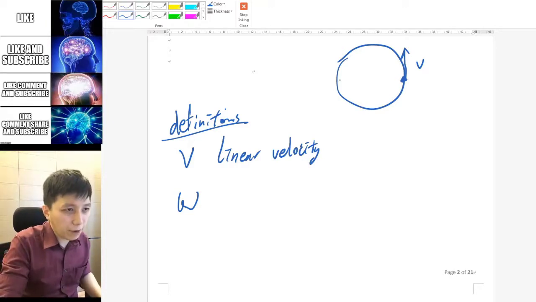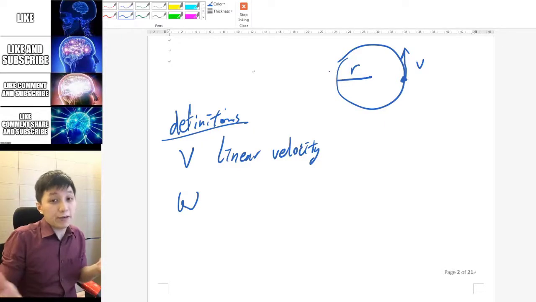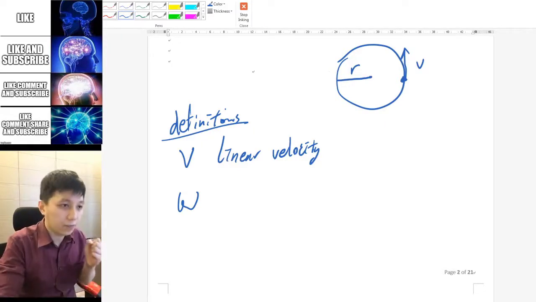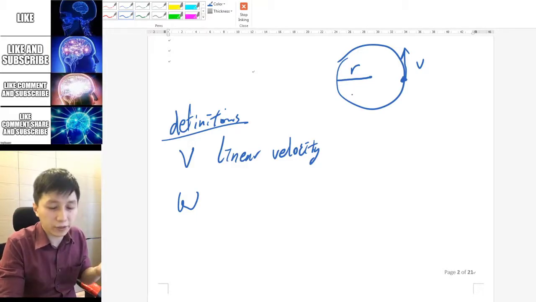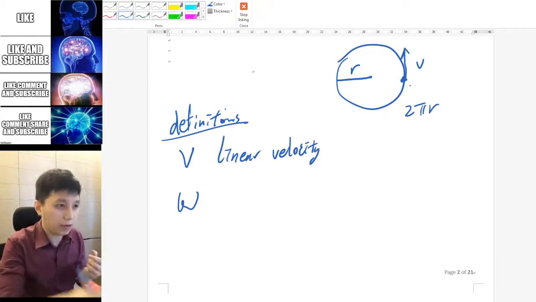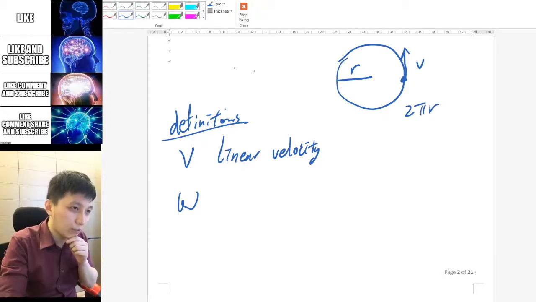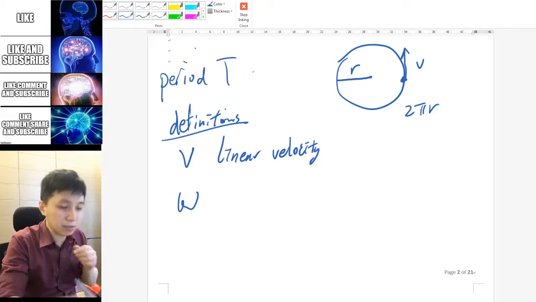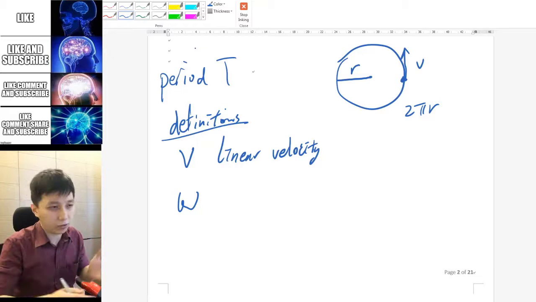And so if you define a circle with the radius r, then what could it be for linear velocity? Think about this. For the whole circle is the perimeter. That means the circumference will be 2 pi r. Right, the whole circle is 2 pi r. So that is to say, together with period to be T, that means period means the time that it takes for completing the whole circle.